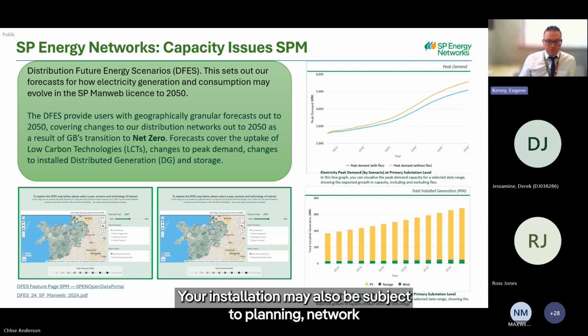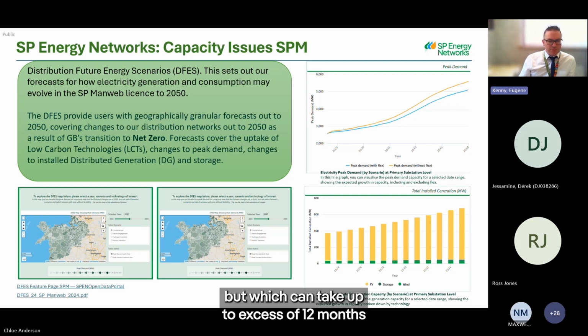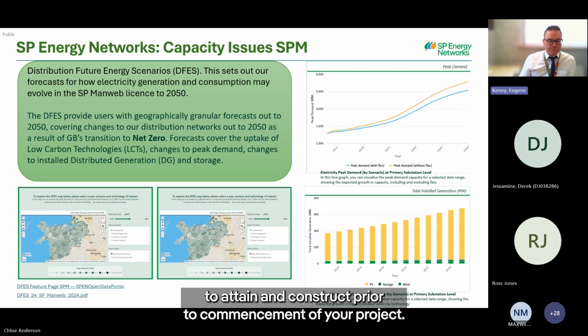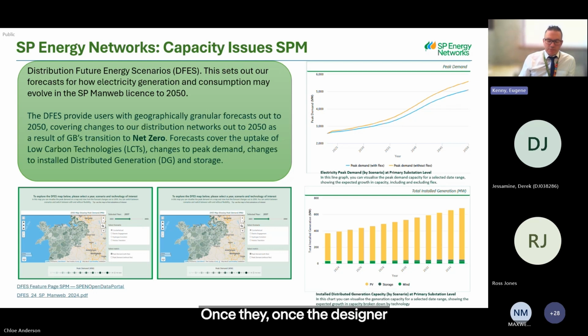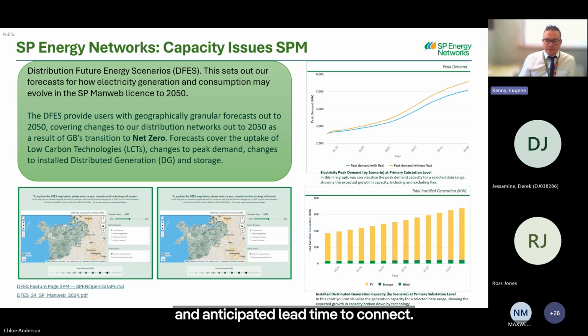Your installation may also be subject to planning, network reinforcement, and land rights, which can take in excess of 12 months to attain and construct prior to commencement of your project. Once the designer has assessed your requirements, they will provide you with an understanding of the complexity of the project and an anticipated lead time to connect.